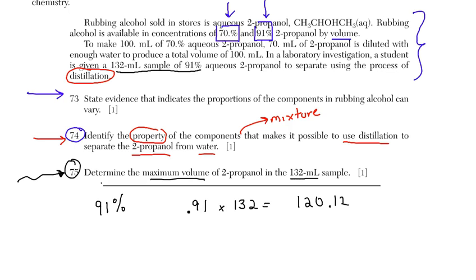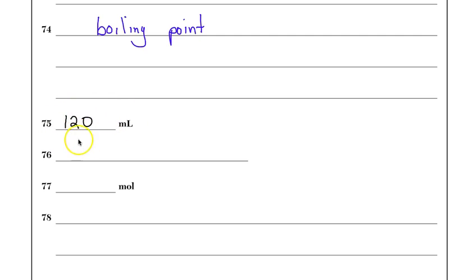What have I shown you so far? It's like, wow, that's crazy hard. This is easy. The hardest part, I agree, is identifying what you have to do, and that's why it takes practice to master this. 75 is 120.12. And as you can see, it doesn't matter that it's 120 or 120.2. They didn't care about any significant figures.